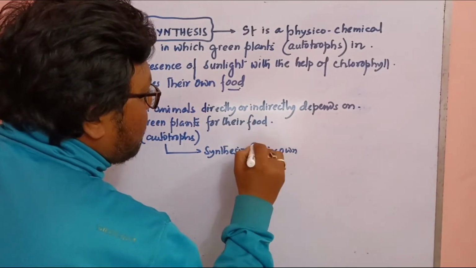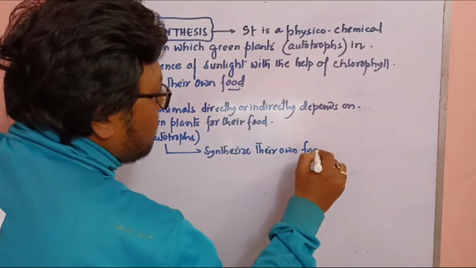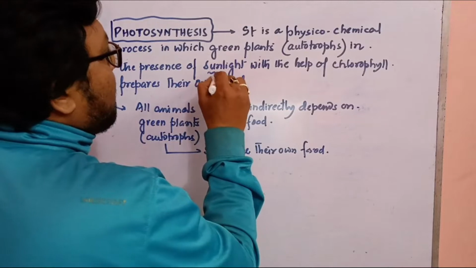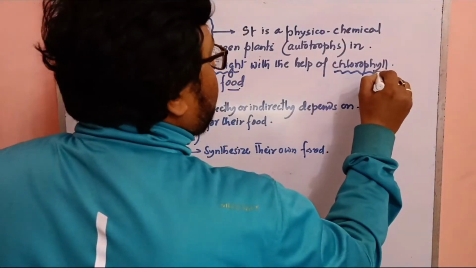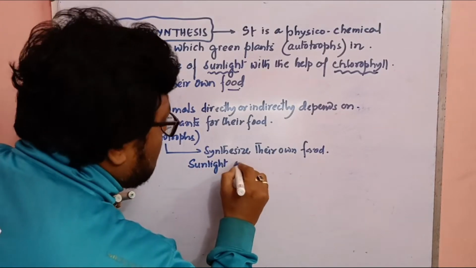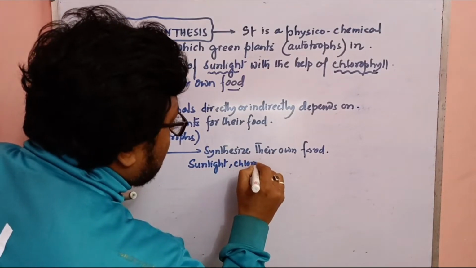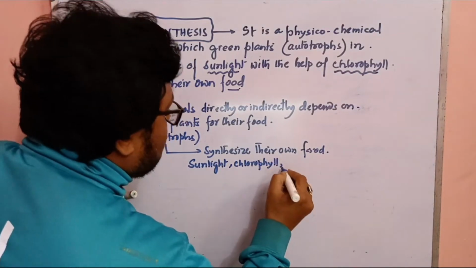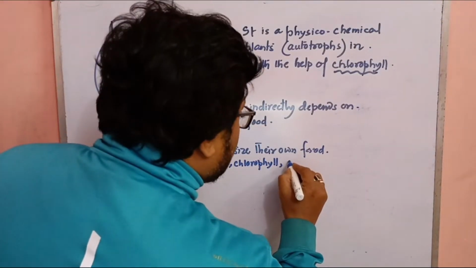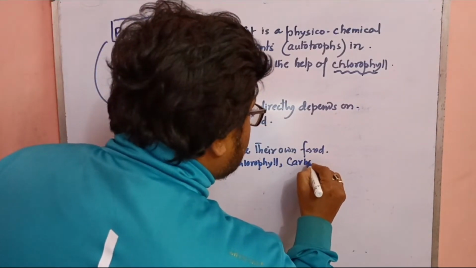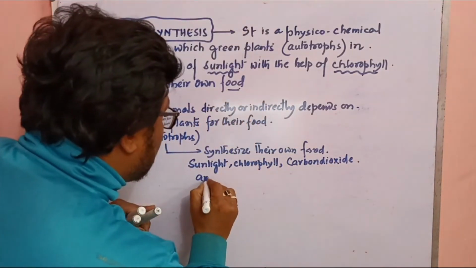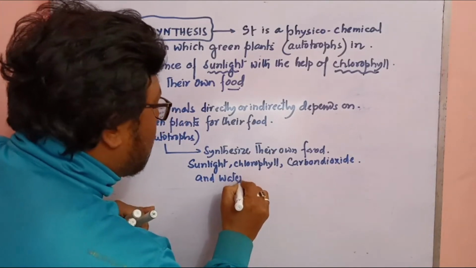Now we have already discussed that these green plants utilize sunlight and chlorophyll. Besides sunlight and chlorophyll, they also utilize carbon dioxide and water.